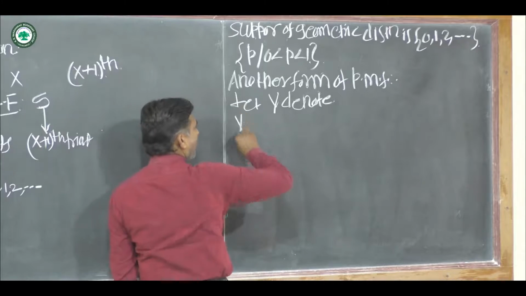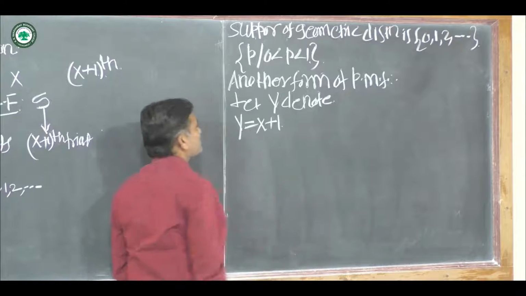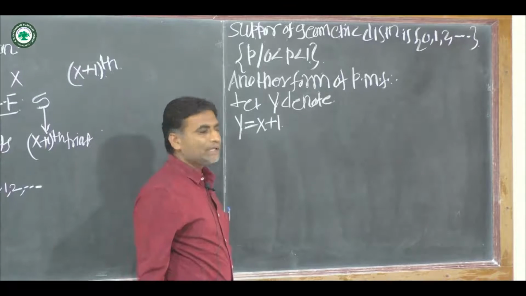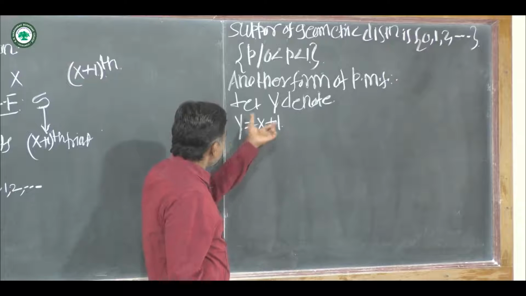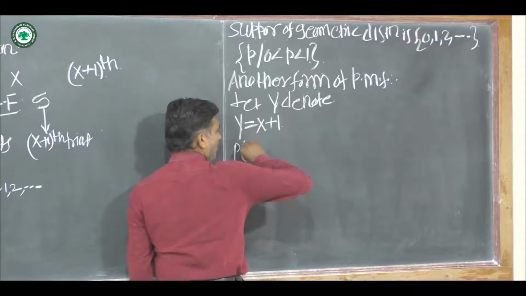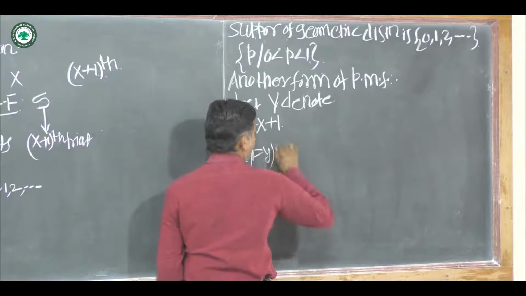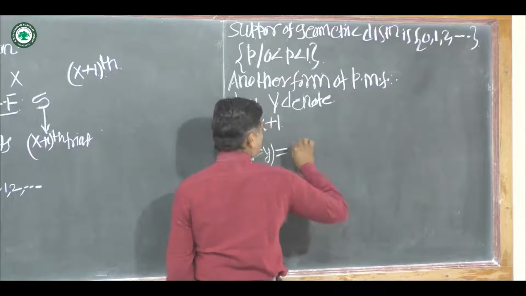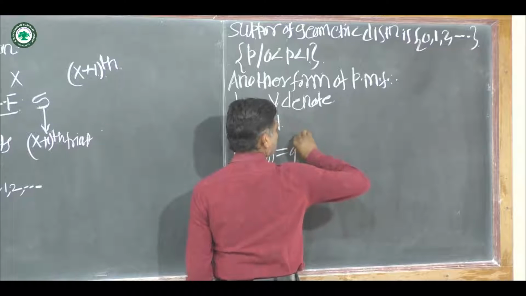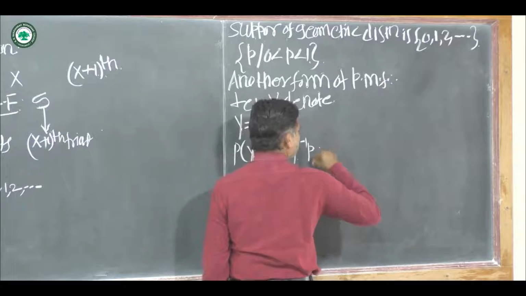Then Y is equal to X plus 1. Now the probability mass function of Y is: probability of Y equal to small y is equal to q raised to y minus 1 into p.